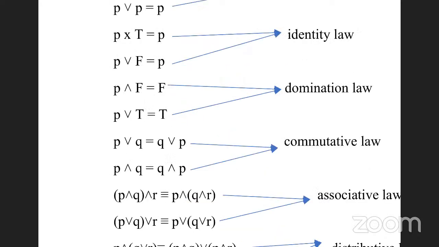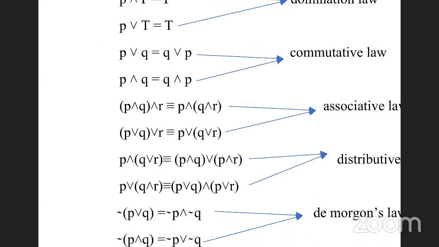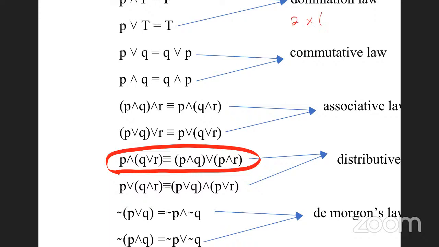There is one here that I want you to really understand. See this one here, this distributive law. I want to show you how it works. You all remember if you have 2 multiplied by 4 plus 3, what you will get? You will get 2 multiplied by 4 plus 2 multiplied by 3. That's the distributive law. So if I give you P and Q or R, it's the same principle.